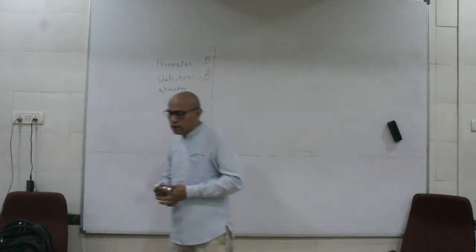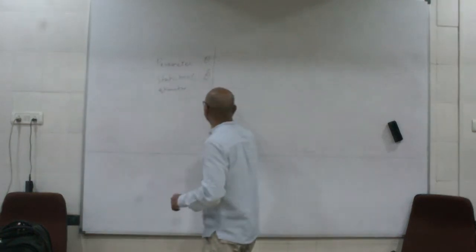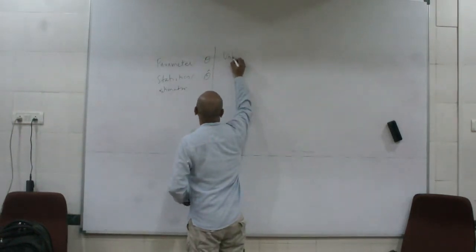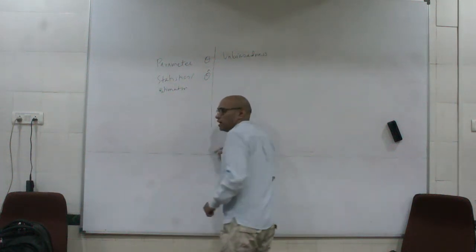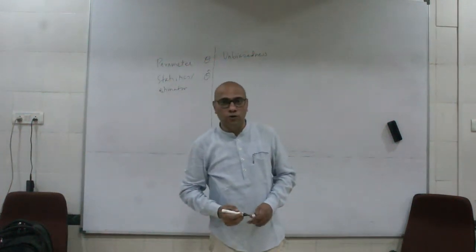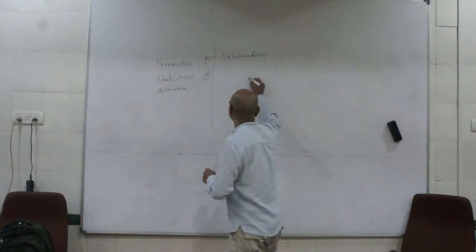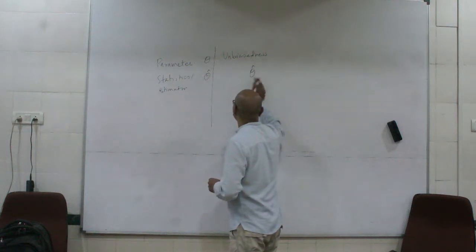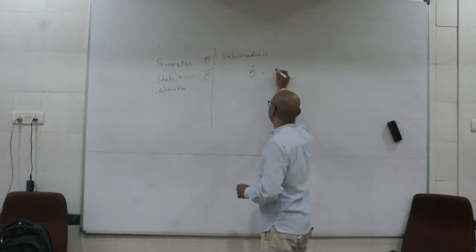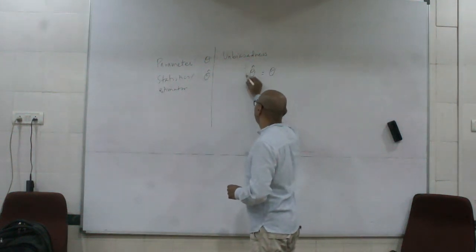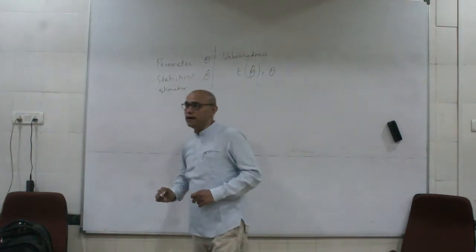Now let's look at the first property, unbiasedness, or the unbiased estimator. What is the unbiased estimator? Theta hat is called an unbiased estimator of theta if the expectation of theta hat is equal to theta.